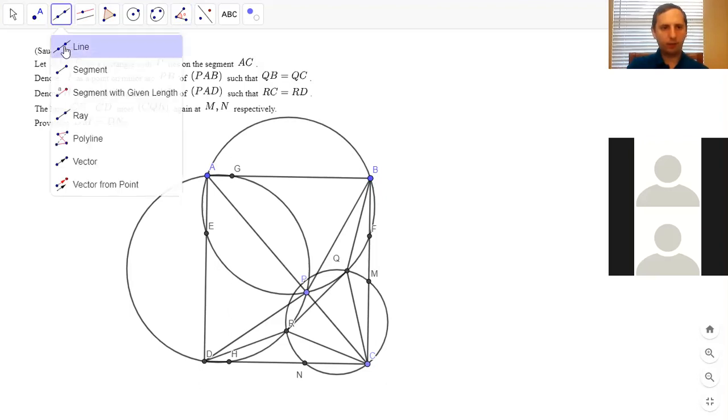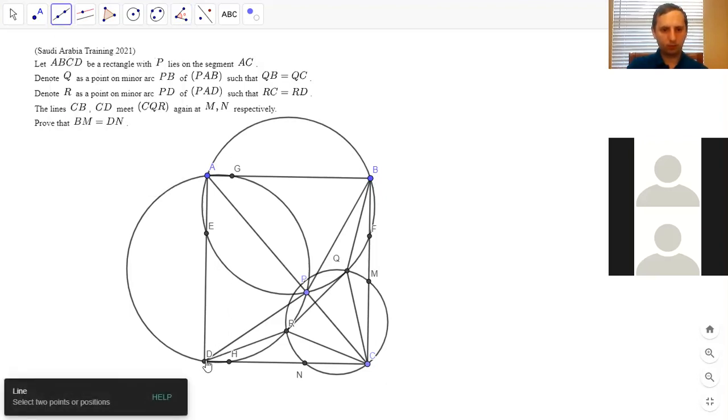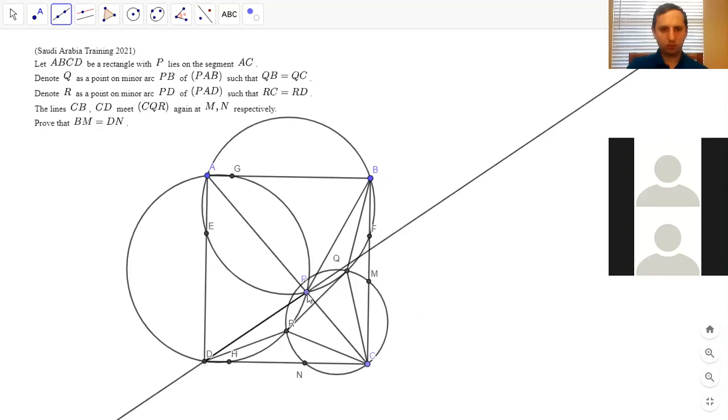What if I do this? No. Or maybe I can use Casey's theorem.